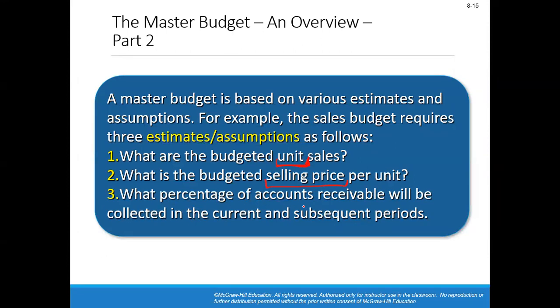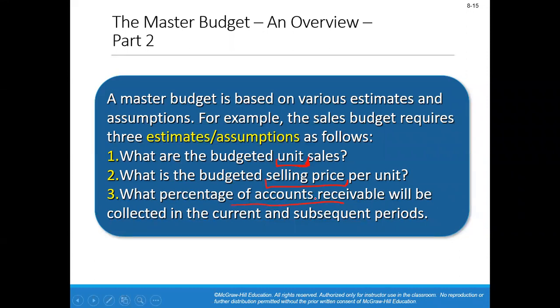And we might have some estimation, such as out of the sales, what percentage will be accounts receivable, and out of the purchases, what will be the amount of accounts payable, and out of my sales, what percentage will come from the beginning inventory, what percentage will come from the current production, and out of the current production, what percentage will be in our ending inventory.